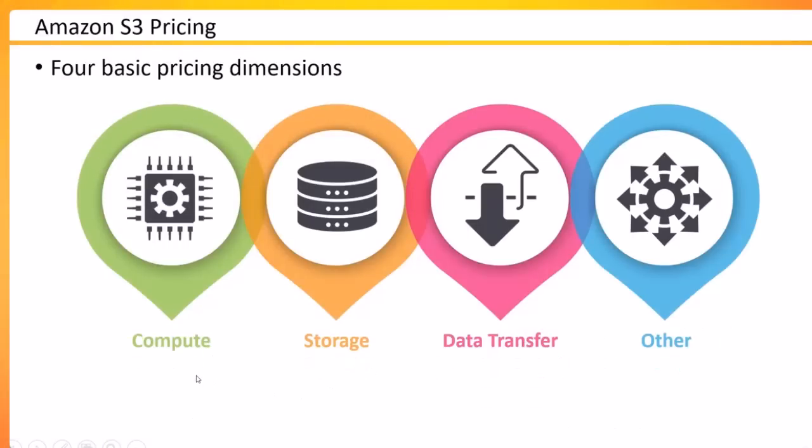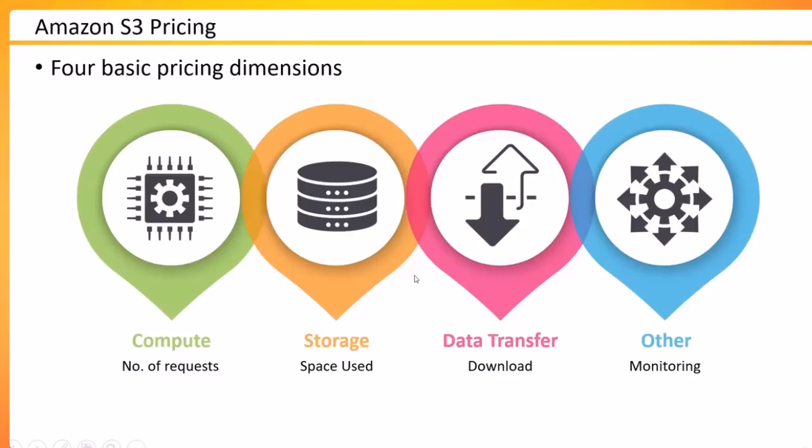In terms of compute, we focus on the number of requests you have sent. In terms of storage, obviously the capacity you consume in S3 for storing your objects. Then data transfer charges when somebody is downloading those objects, and other charges could be monitoring, management, and analytics related. So these are the basic pricing dimensions for Amazon S3.